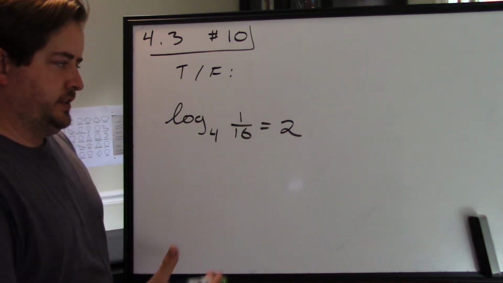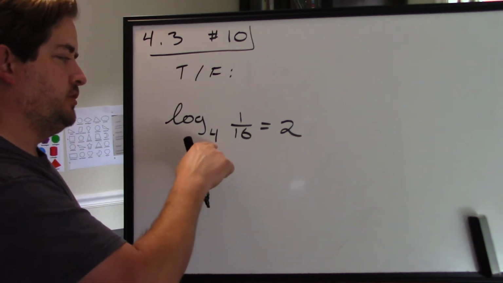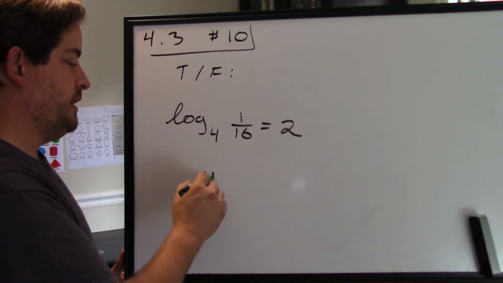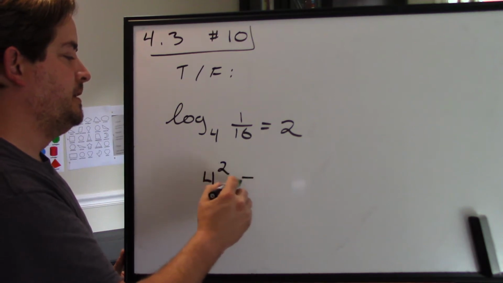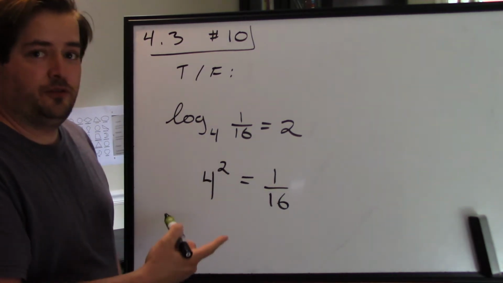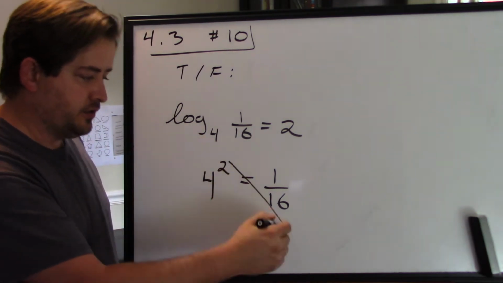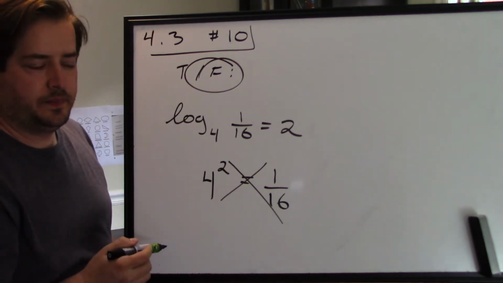It's easiest to rewrite this as an exponential in order to determine whether this is true or not. So I'm going to take 4, the base of the log, as the base of my exponential. And again, these two switch, so it's 4 raised to the second power equals 1 over 16, which is clearly false. 4 to the second power is 16, not 1 over 16. So the answer to number 10 is false.